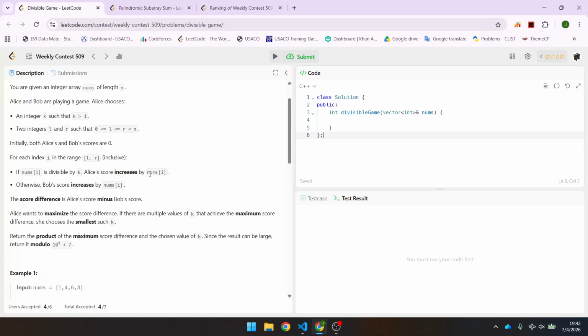K and L and R, scores are 0. If a number is divided by K, Alice's score increases, otherwise Bob's score increases. Alice's score minus Bob's score, maximize the score difference.